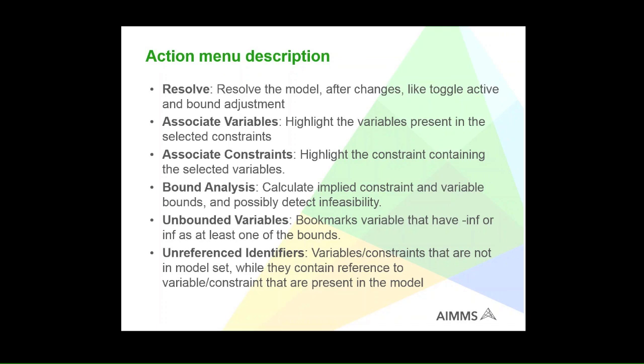So if you have a constraint containing variables A and B, the constraint is in your model and variable A is in your model, but variable B is not, then AIMMS will list B as an unreferenced identifier, because it says, hey, maybe you should have that in your model as well. So these are useful menus that you will use regularly.